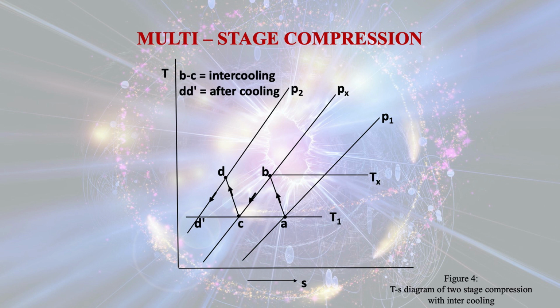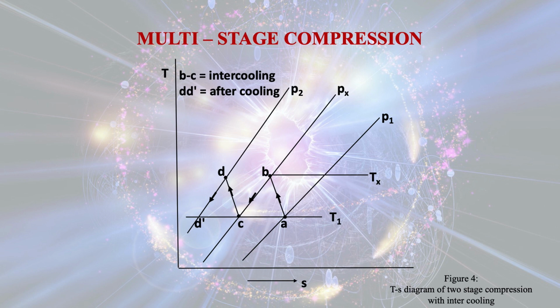At point C, again it will proceed for the second stage compression that will follow the path CD, and this process is polytropic, and D is the end point of the final stage of compression, whose temperature is T2 and pressure is P2.